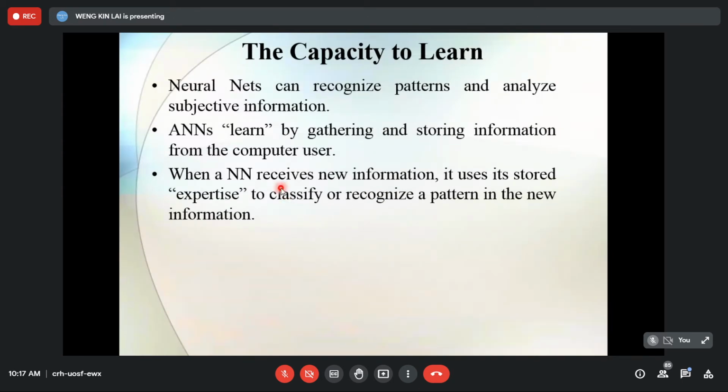Now, the capacity to learn is one of those advantages, a unique strength of your artificial neural network, which is the ability to learn. In the earlier two cases, we looked at expert systems in terms of the Bayesian method, which is based on statistics, and also your certainty factors, as well as the fuzzy logic.